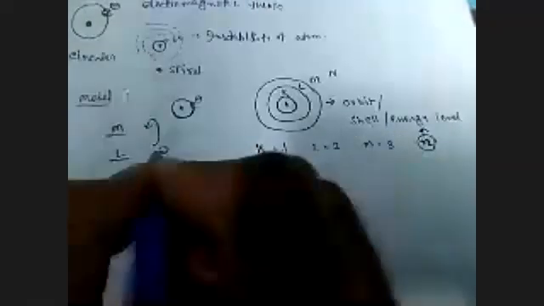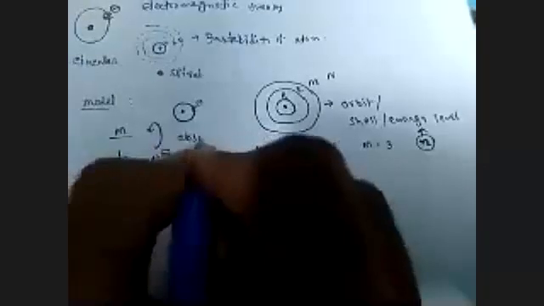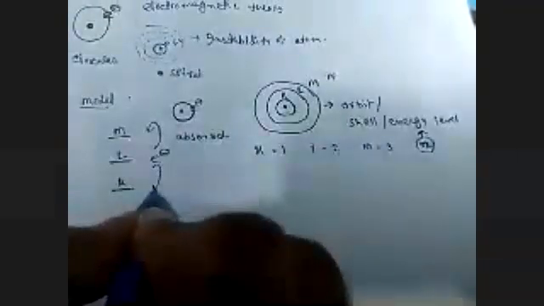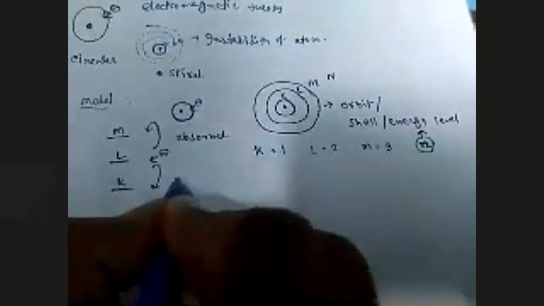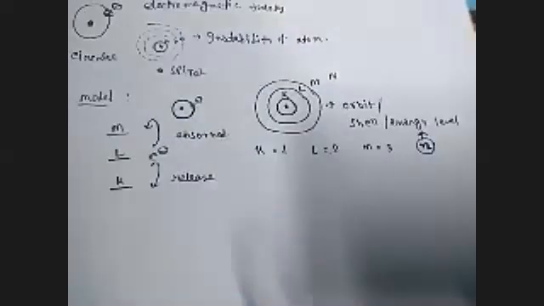So when an electron jumps to a high energy orbit, it will absorb energy, and when it comes to a lower energy orbit, it will lose or release energy.